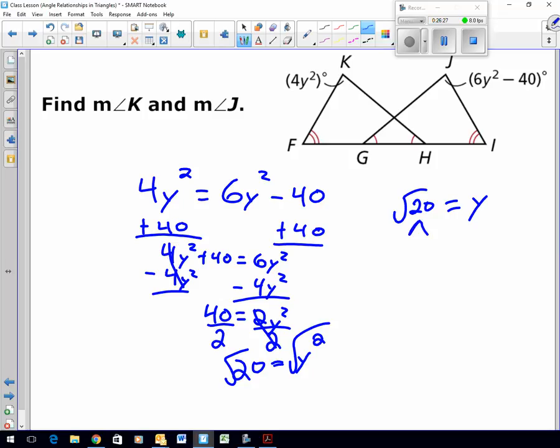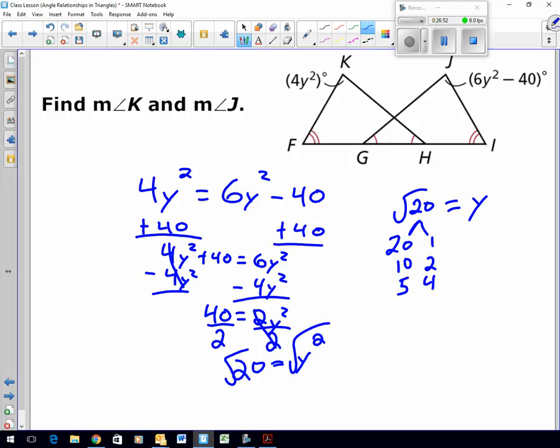What is the highest available perfect square that's a factor of 20? 5. No, 5 is not a perfect square. 4 is definitely the perfect square. You wanna know how I do this? 20 and 1, 10 and 2, 4 and 5.